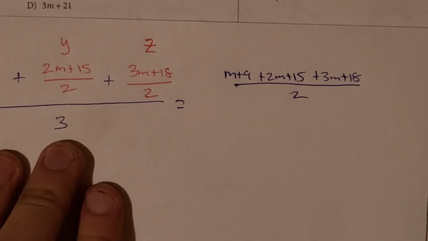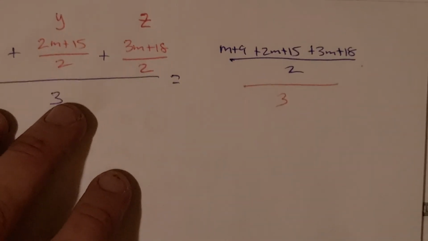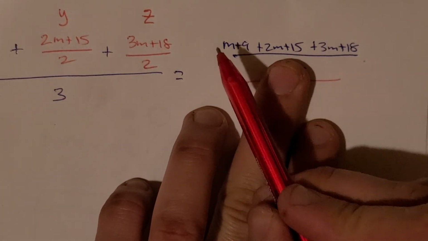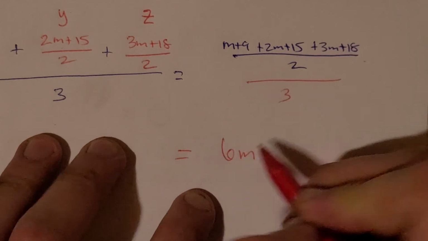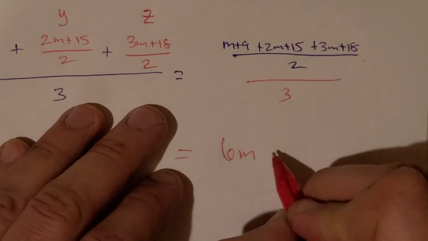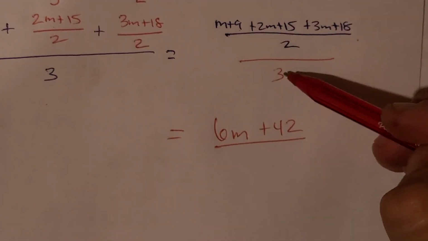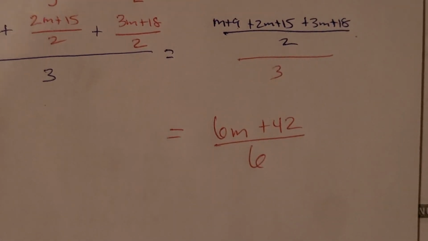And then I still have this giant 3 on the bottom. Okay. Now let's simplify things. Let's ignore these. I've got m, 2m, and 3m, so that's 6m. Then 9 plus 15 plus 18 is 42. Okay. Now I divide by 2, and then I divide by 3, which is the same thing as dividing by 6.